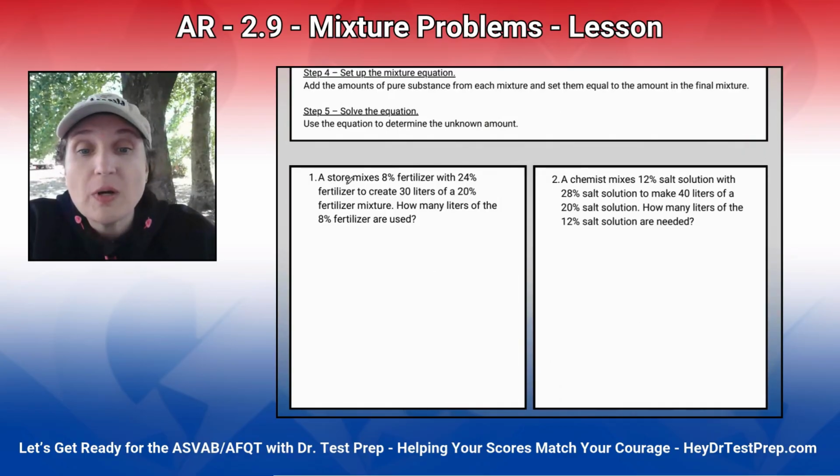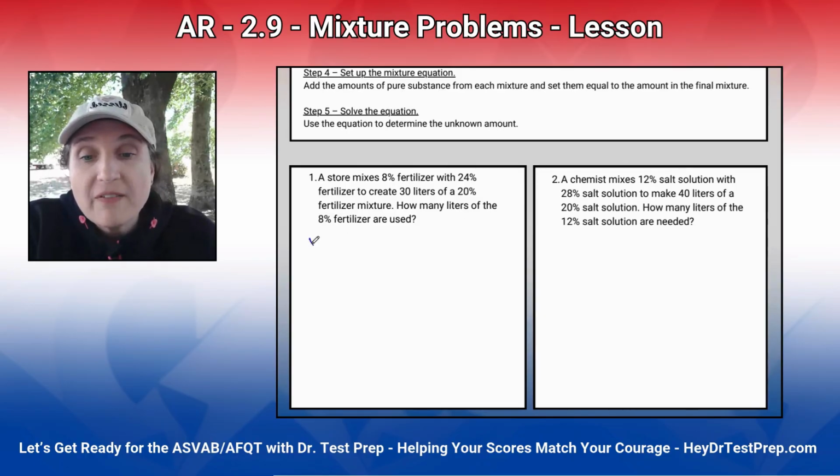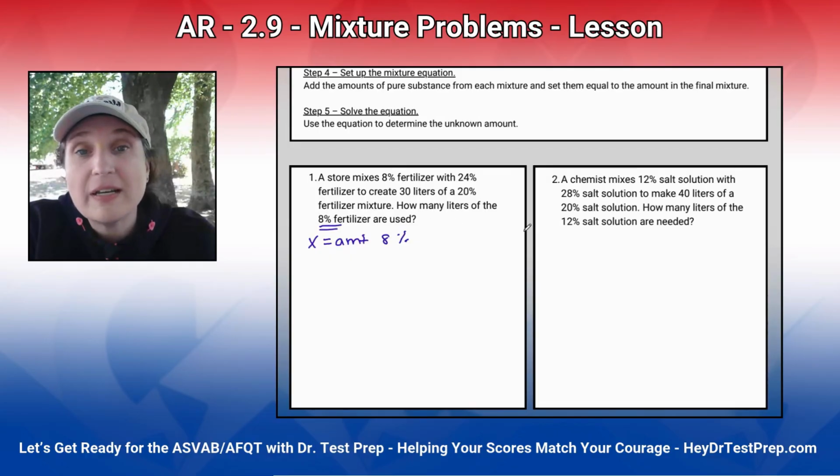So it says a store mixes 8% fertilizer with 24% fertilizer. So we're going to have X equal the amount of 8% fertilizer. And the reason why I'm doing it is because it says how many liters of 8% fertilizer are used. It says altogether they make 30 liters.